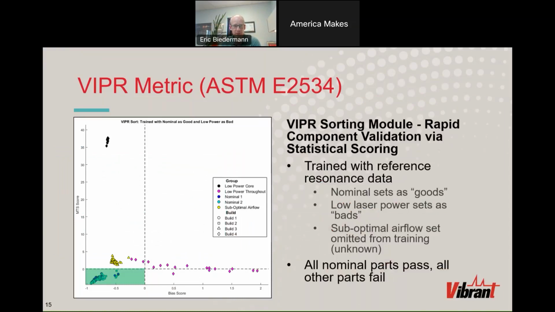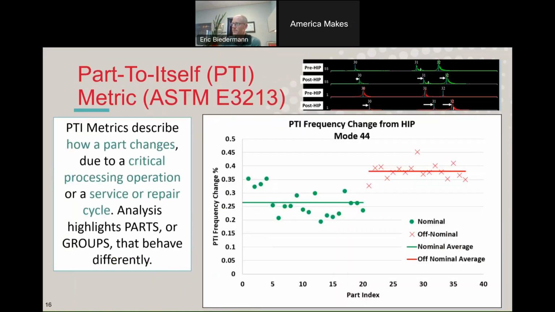Another set that was built with low power just in the core region, so a more localized material property change. And then parts that were built with some suboptimal airflow flowing through the build chamber. We demonstrated the ability of PCRT to reject all of those off-nominal conditions with a single set of diagnostic modes. So a single Viper-based sorting module was able to pass all the nominal parts, reject all of the off-nominal parts.